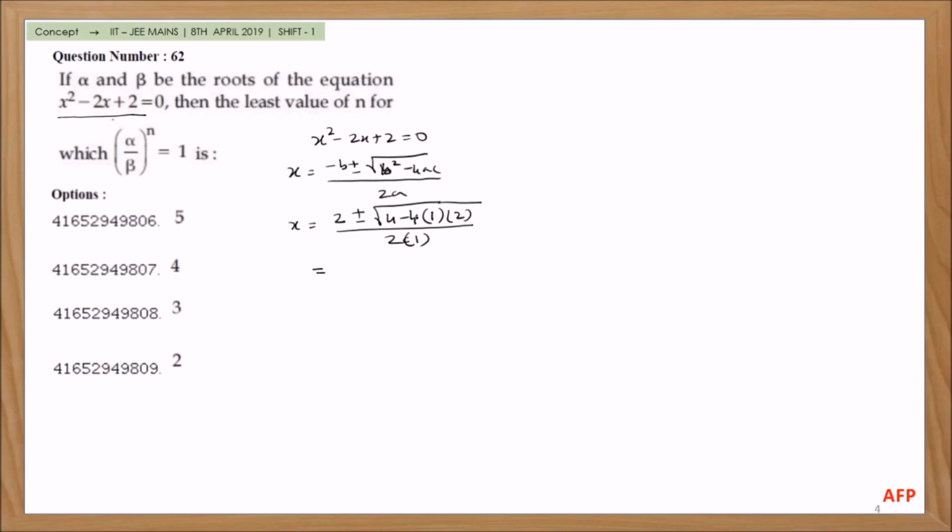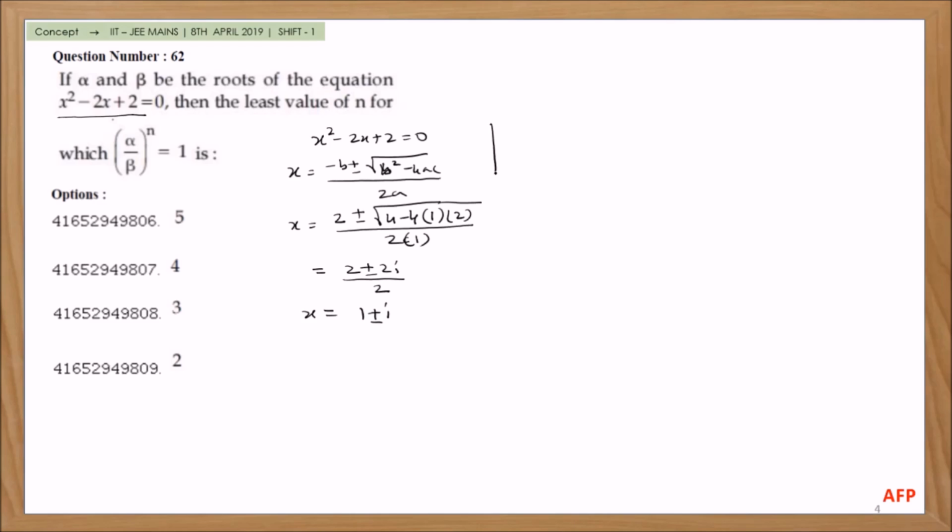If you simplify under the root, we get 4 minus 8, which is minus 4. Square root of minus 4 is nothing but 2i. So 2 plus or minus 2i divided by 2, which is nothing but 1 plus or minus i.